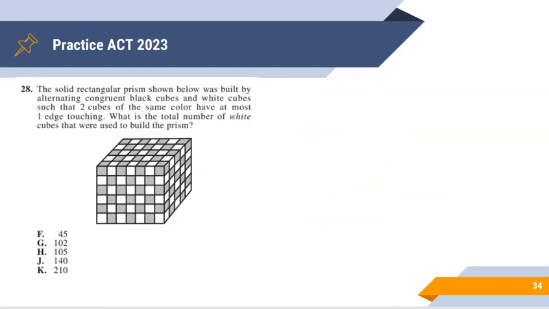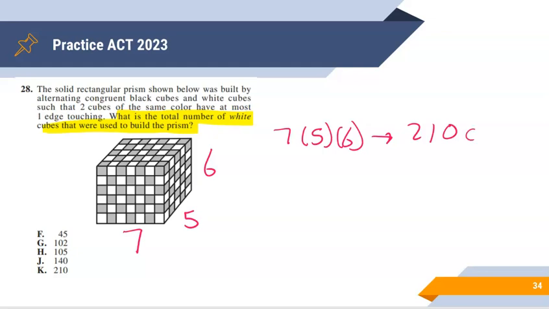Okay, question number 34. What's the total number of white cubes that were used to build the prism? Well, first off, if we count these up, there's 7 cubes here, 5 there, and 6 there. If I multiply those, that gives me 210 cubes.